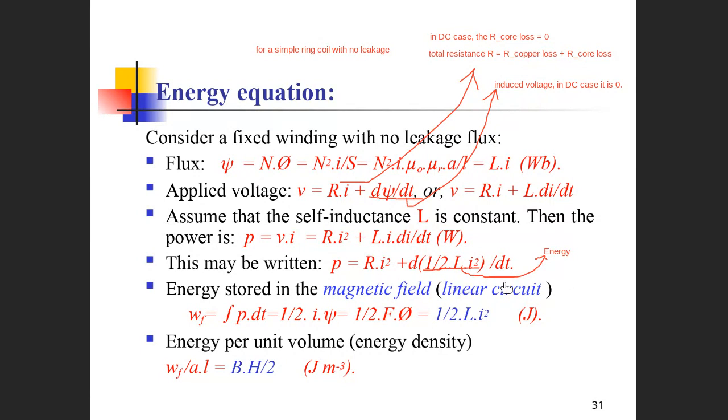Energy change rate is the power, right? Because this is power, this is power. So this is the energy. Energy over time, that is the power. So this is the energy in the coils.